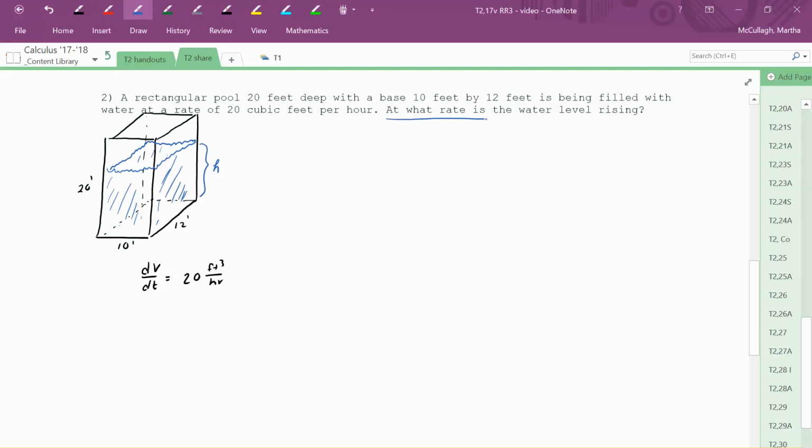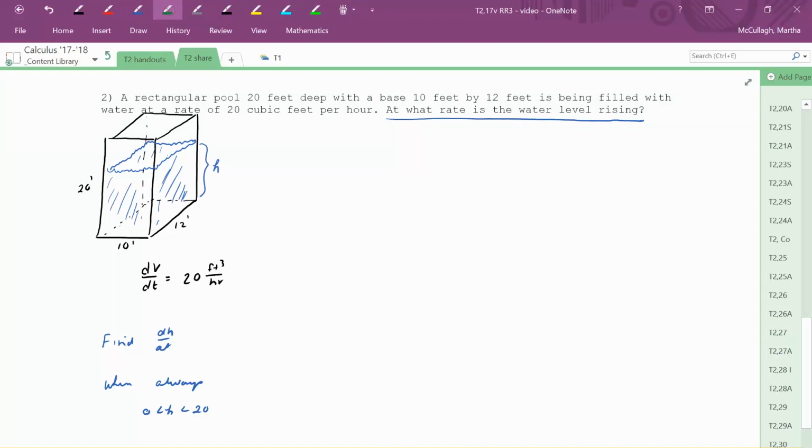At what rate is the water level rising? So it looks like we're trying to find dH/dt all the time. Not when h is some specific thing or at a given anything. It's always, or I guess we could say when h is greater than 0 and less than 20, if the pool starts out empty and you're putting in water until it gets to be 20 feet deep.